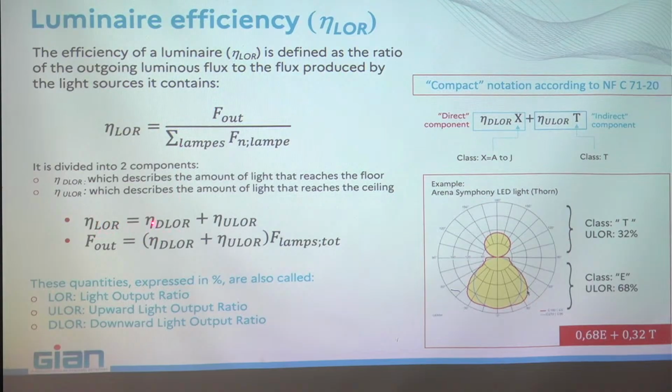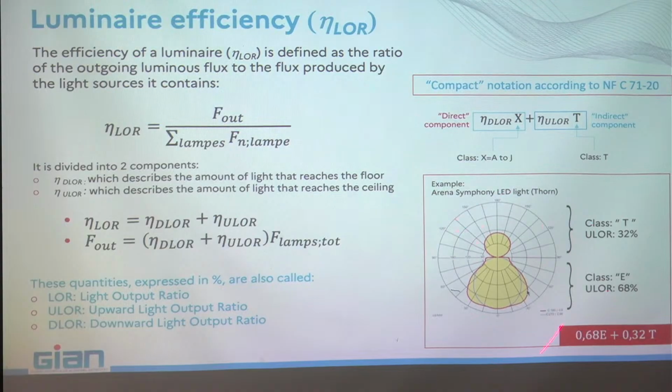We call the downward efficiency the DLOR, and the upward efficiency the ULOR. And then there is the way that you can describe your luminaire, your fixture, and you don't need to see the curve, because you know what it corresponds to.